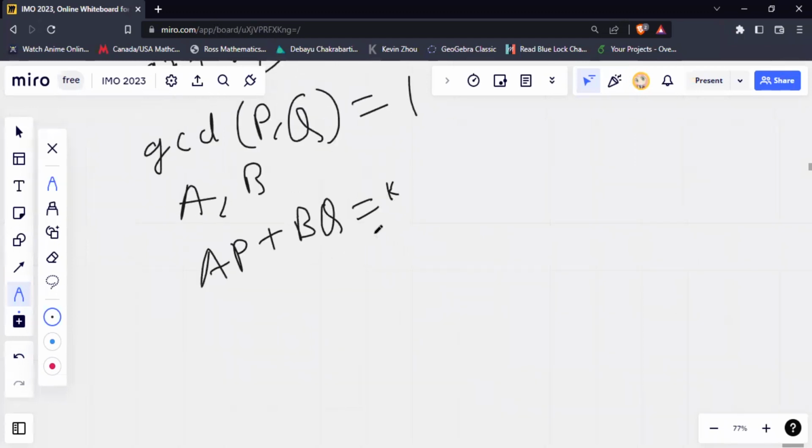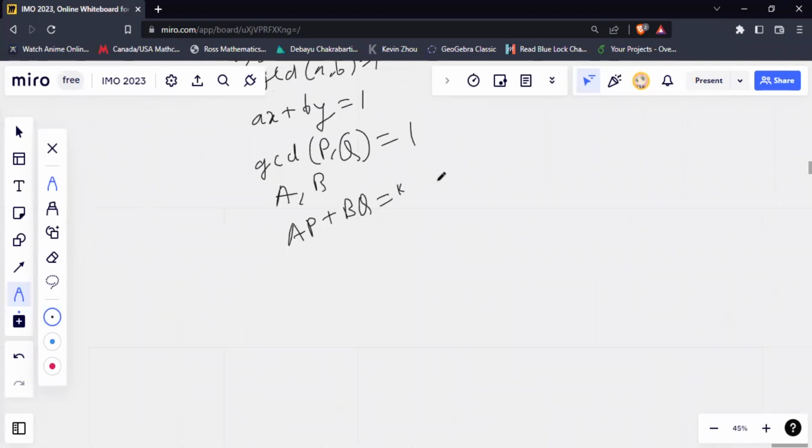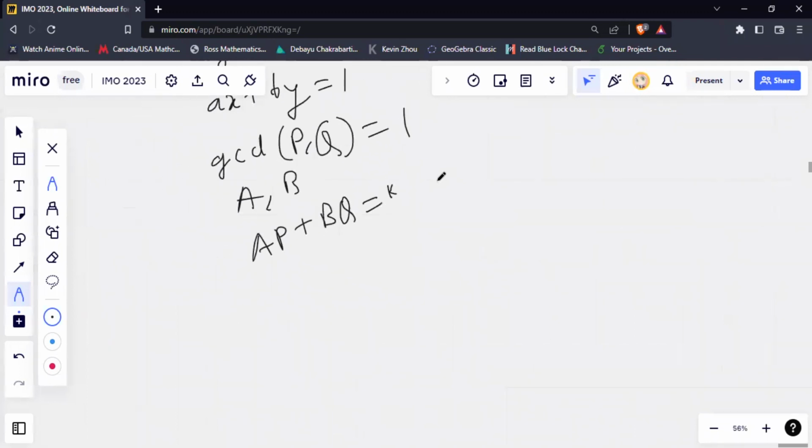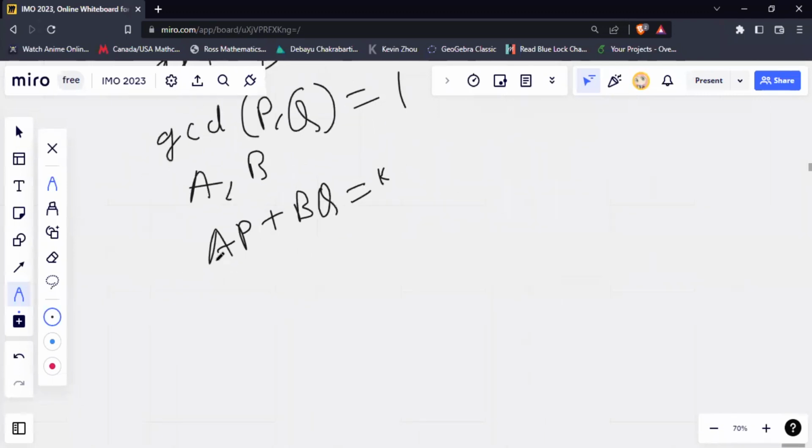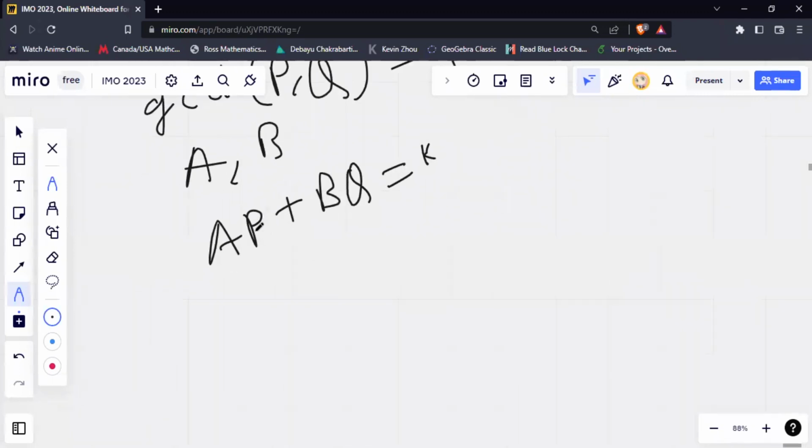Yeah, so why is this useful? This actually tells us a lot about the polynomials. First of all, note that this is true for every input of p and q.